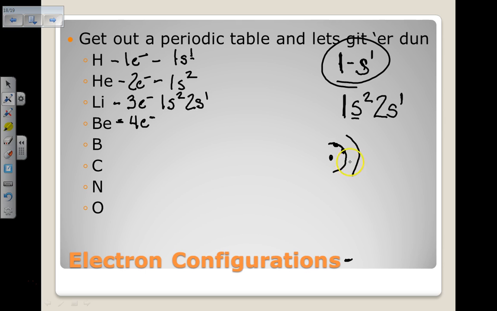Well, again, where are we going to put electrons? We're going to start closest to the nucleus. What's the closest to the nucleus? The first shell. Within the first shell, there's only an s, and we can put 2 in there. And now we have to go to the second energy level. There's not a lot of space around this first one here.